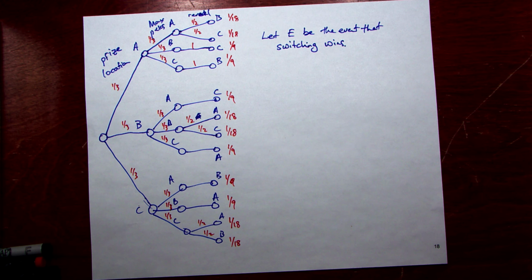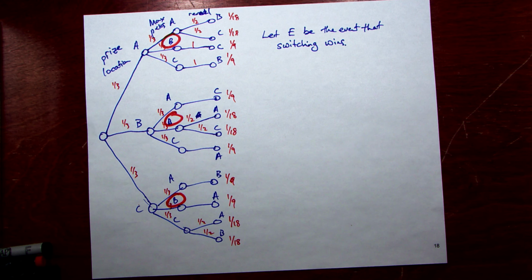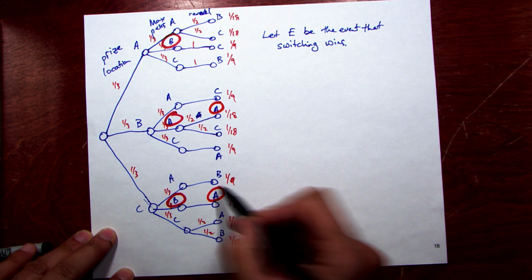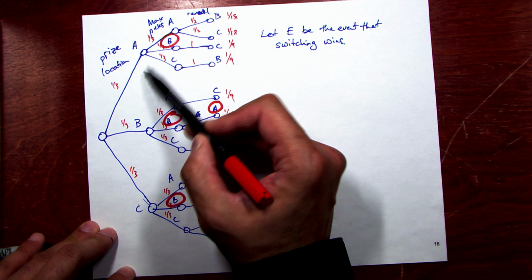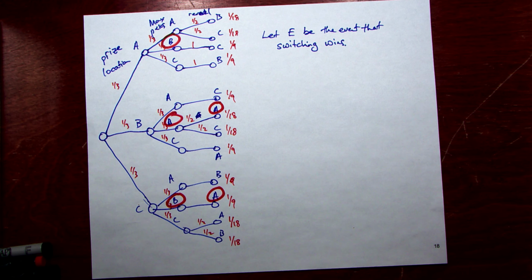Okay, so Max, we live in the universe where you picked B, and door A was opened. Door A was opened is here and here, right? If the prize location is A, Monty can't open door A, so there's no arm that's up there.